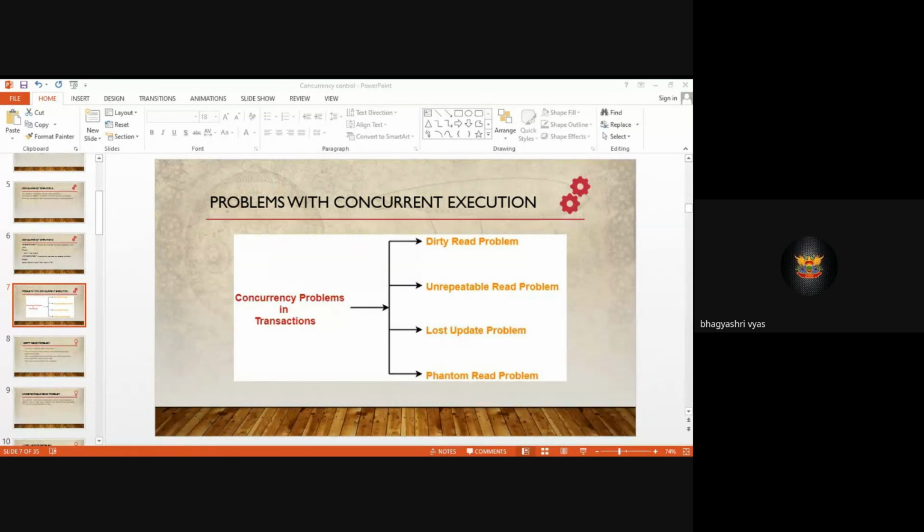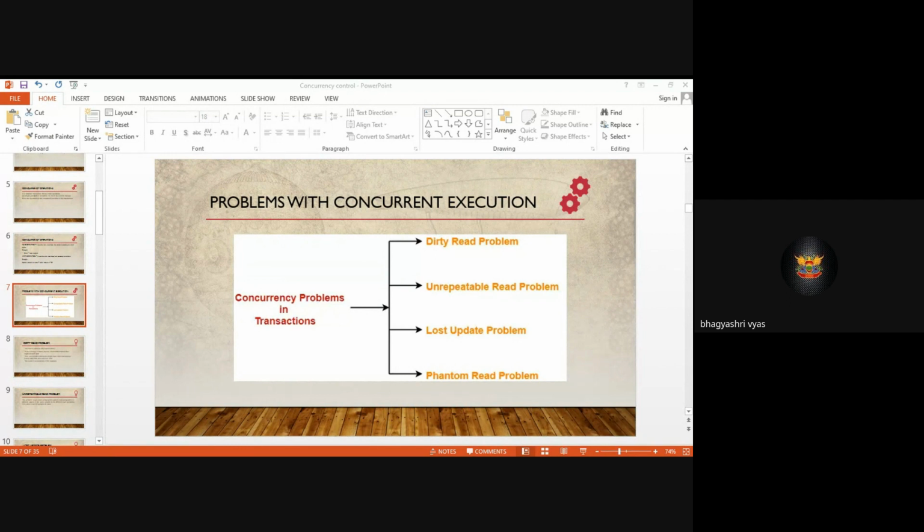As I told you in the example, if my data is not committed, the transaction is not fully completed. We have not got the commit statement. Before that statement, if someone can read my data, then we can say it is the dirty read problem.